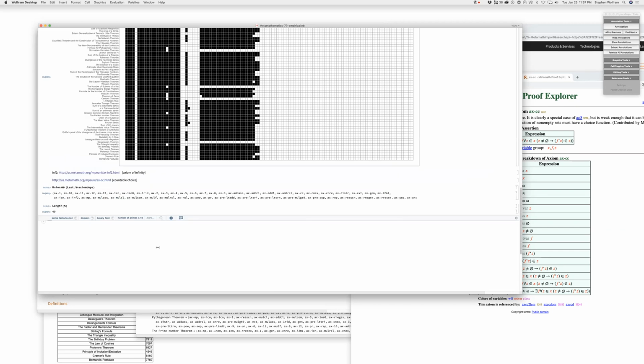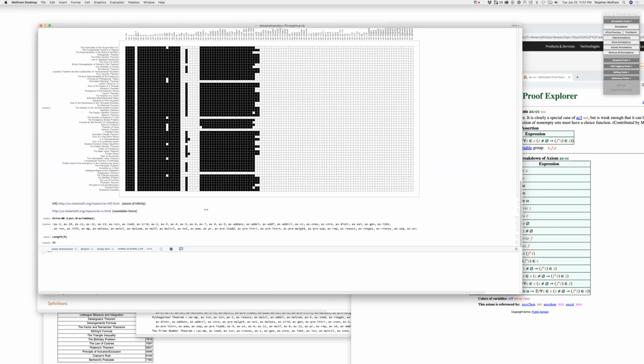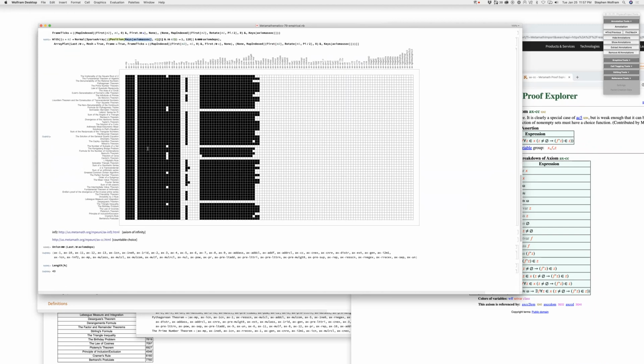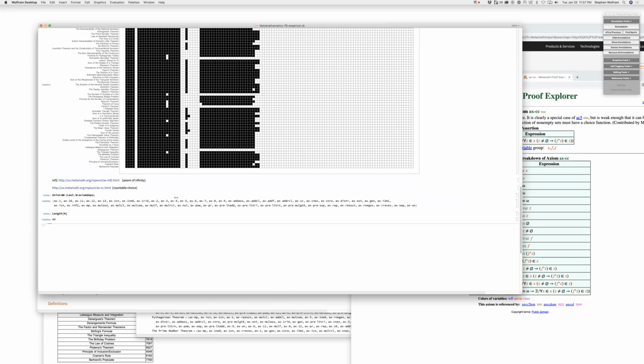Okay, so now we want to sort those in the order that they appear in keys of axiom assoc. So how do we do that? We want to sort into the same order as this.